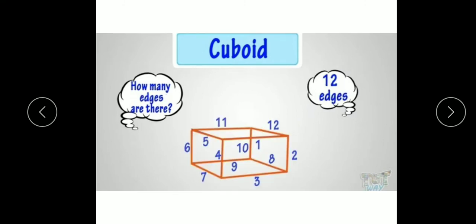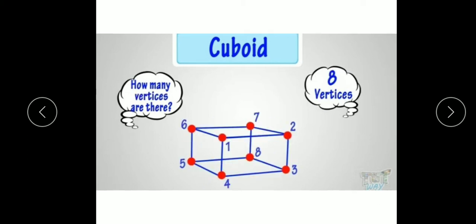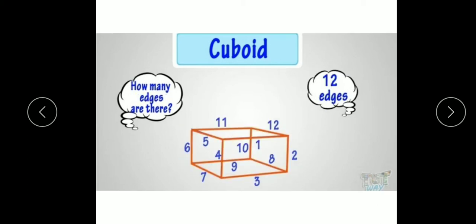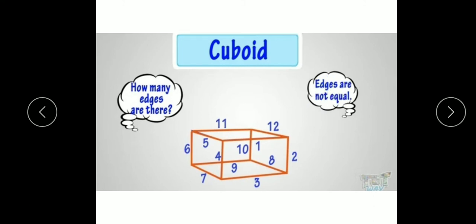Let's move on. Count the number of edges, meaning sides. Again there are 12 edges. Let's count. 1, 2, 3, 4, 5, 6, 7, 8, 9, 10, 11, 12. There are 8 vertices and 12 edges in a cuboid.